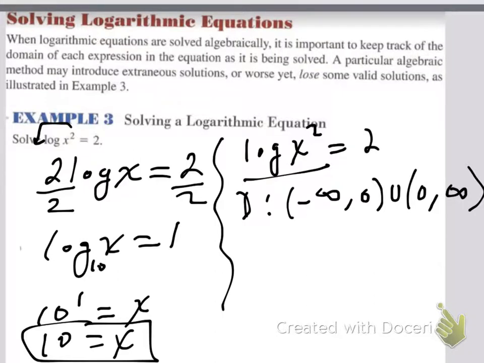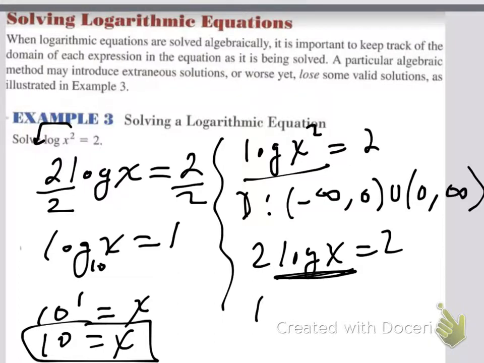Alright? Now, when we take the 2 and move it out in front of the log, then we have 2 log of x equaling 2. So now, let's look at the domain. The domain for log of x is a lot more restricted.